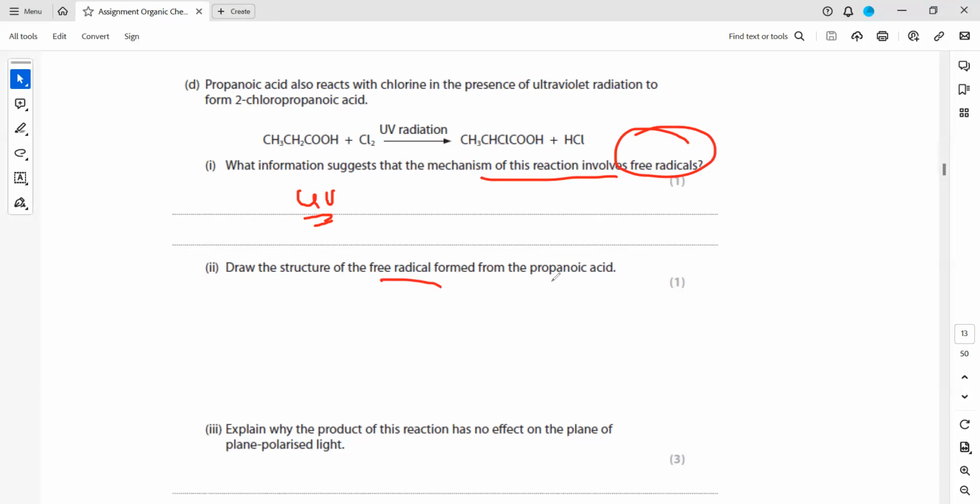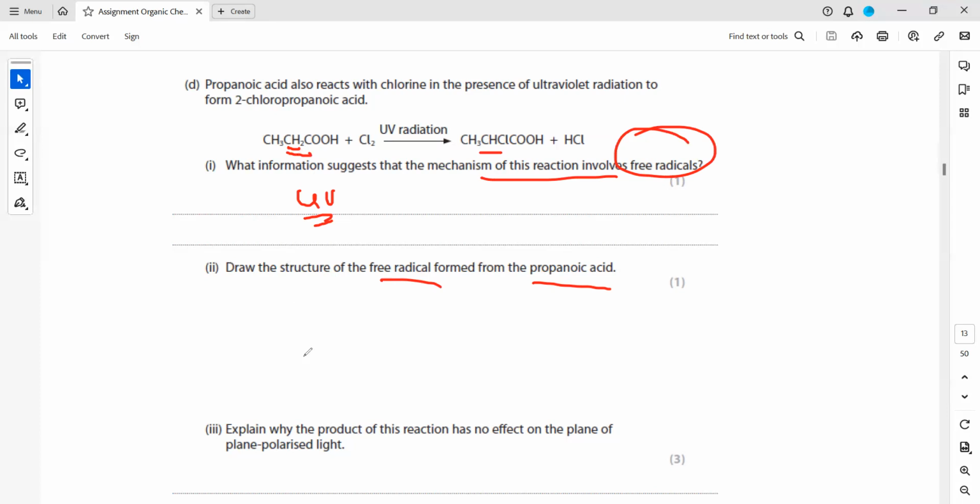Draw the structure of the free radical formed from propanoic acid. So what free radical can form from the propanoic acid? The whole structure is the same, only here there are 2 hydrogens and here 1 hydrogen and 1 Cl.